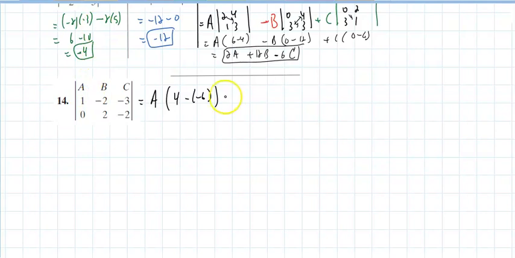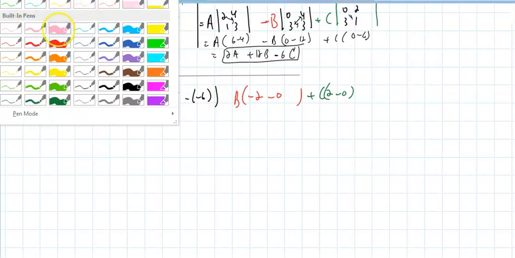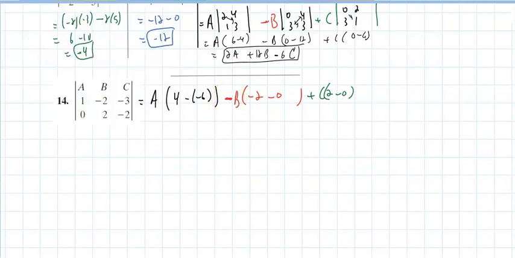You get to the B, and automatically, there's B. You say a negative 2 minus a 0, and you get to the C, and you would take a 2 minus 0, and don't forget the middle will always pick a minus.